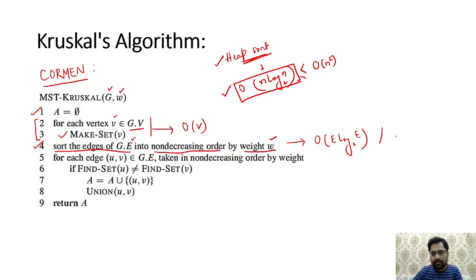That is why sometimes we write E log V. Then the for loop runs for each edge belonging to G.E, the edges of the graph, taken in non-decreasing order by weight w.